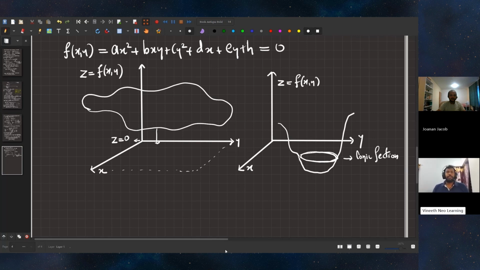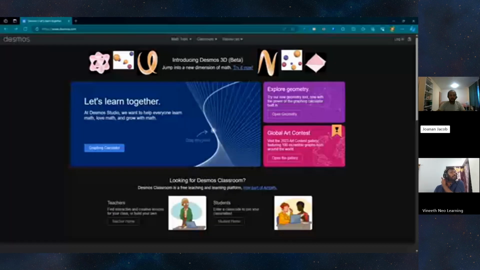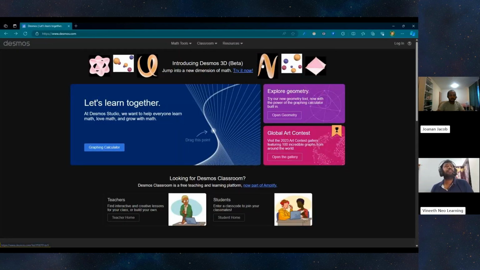Let me show a graph plotter. Can you see, Joe? No, I think it's being loaded. Yes, it's come up. This is a very simple, easy to use online graph plotter. It is not as sophisticated as MATLAB or Maple or GeoGebra, but I like it because it is very simple.